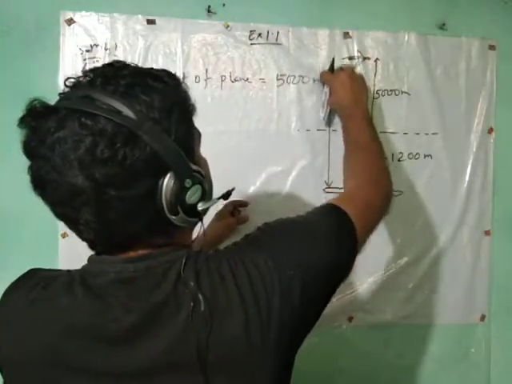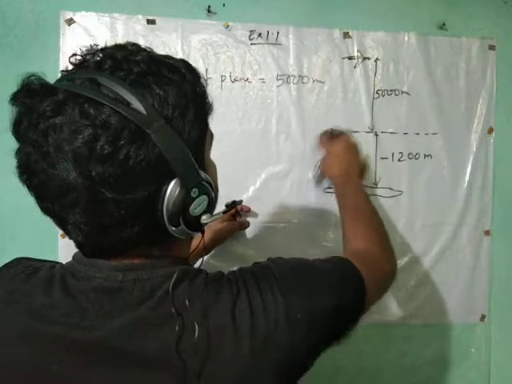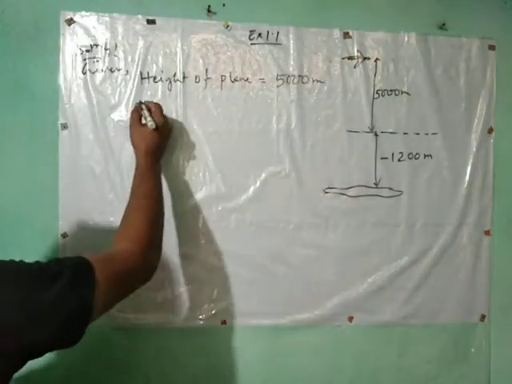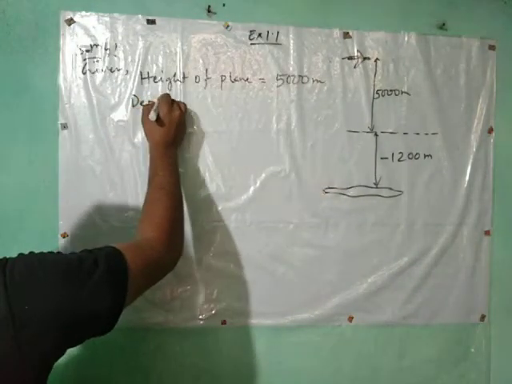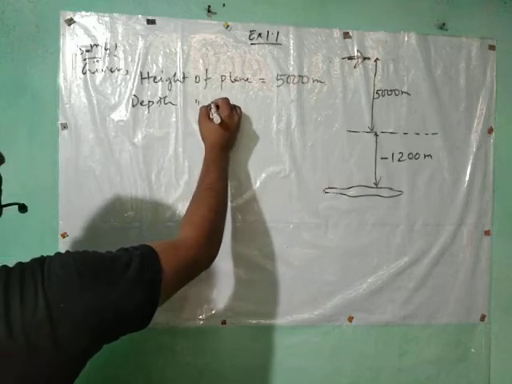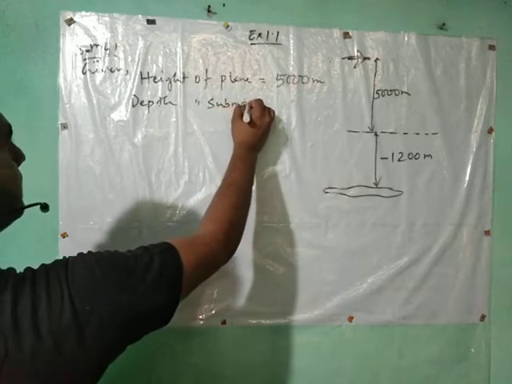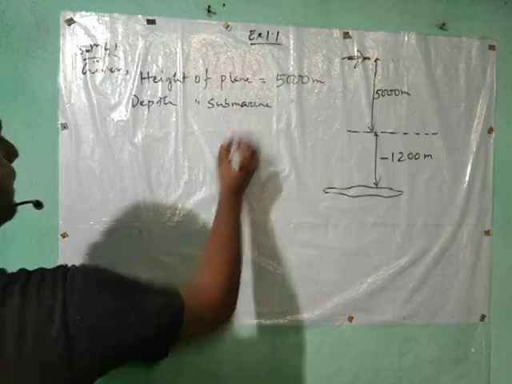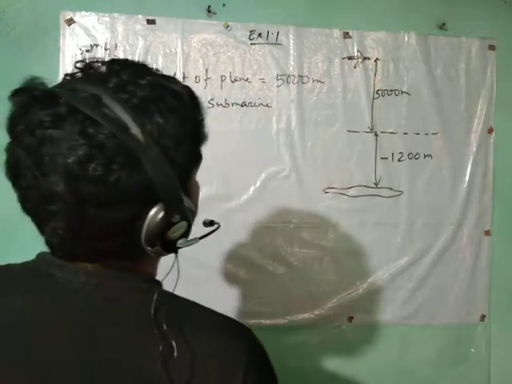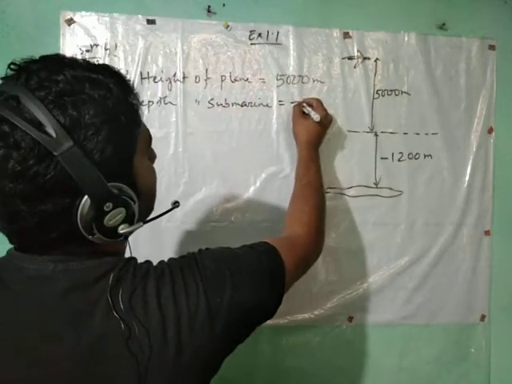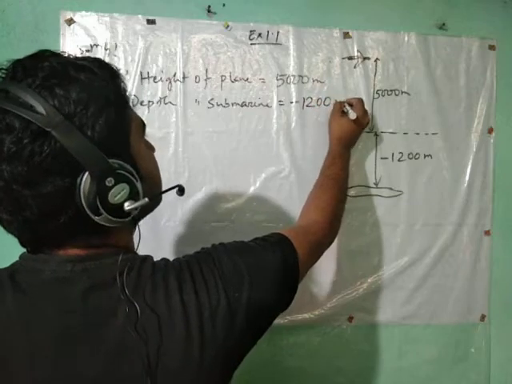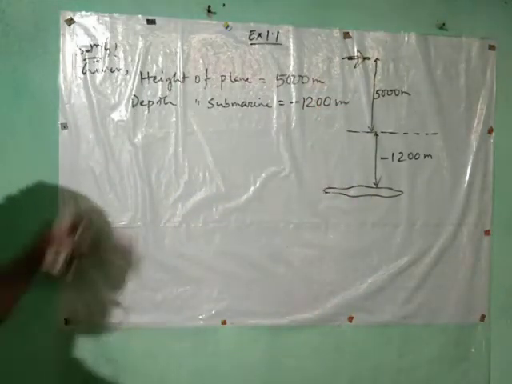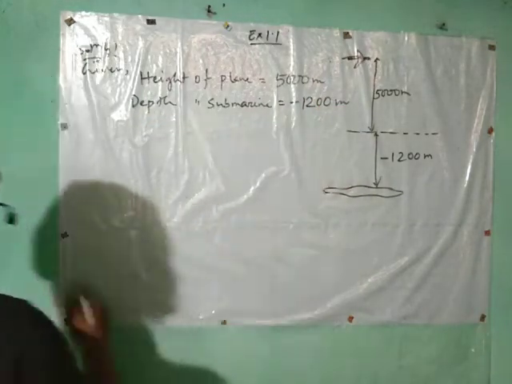Height of the plane is 5,000 meters. Now the depth of the submarine. What is the depth of the submarine? It is -1200 meters. Yes or no? Since it is depth, it is minus.